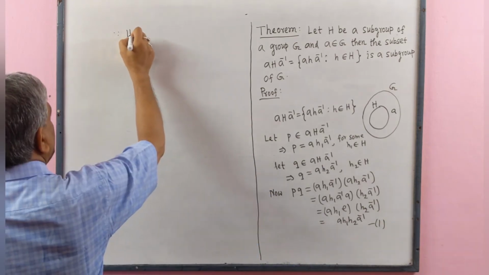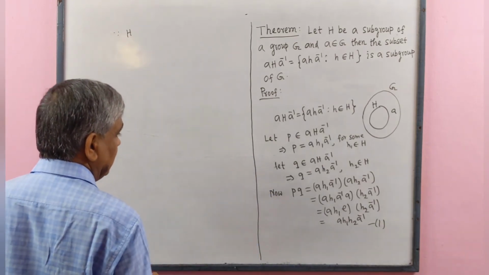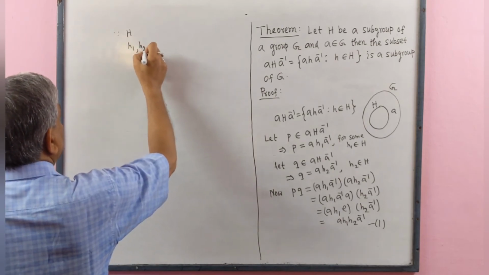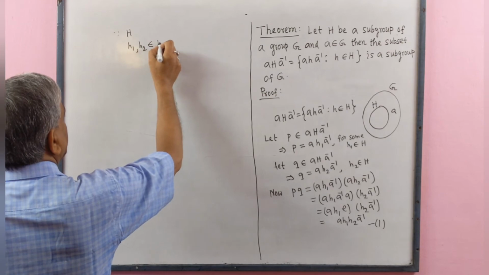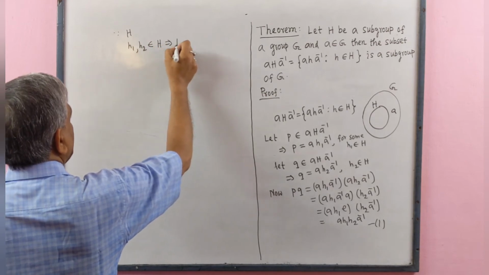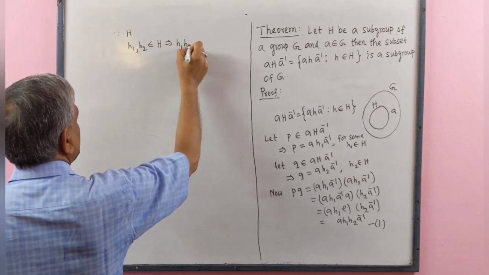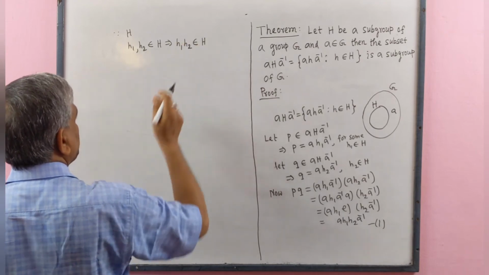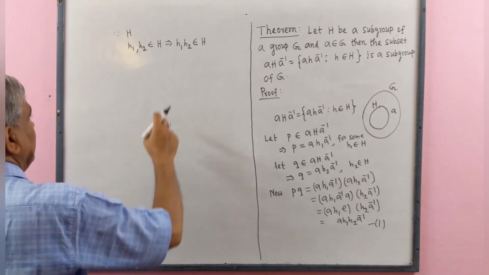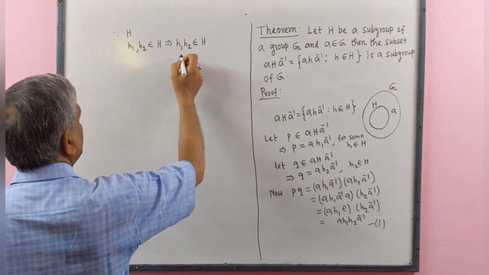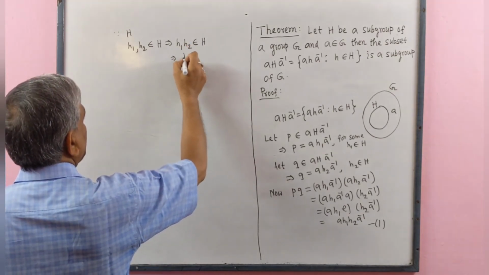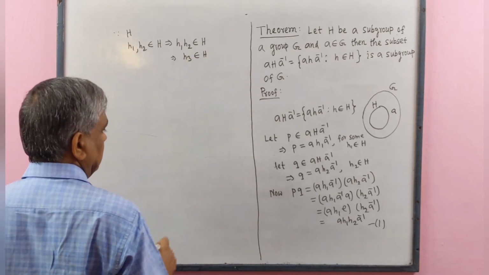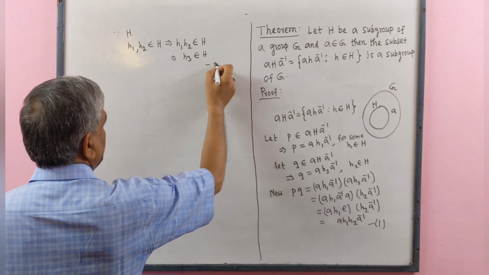Since H is a subgroup of G, therefore h1 h2 belongs to H by the closure property. Let h1 h2 equal h3 belonging to H. Let this be number 2.